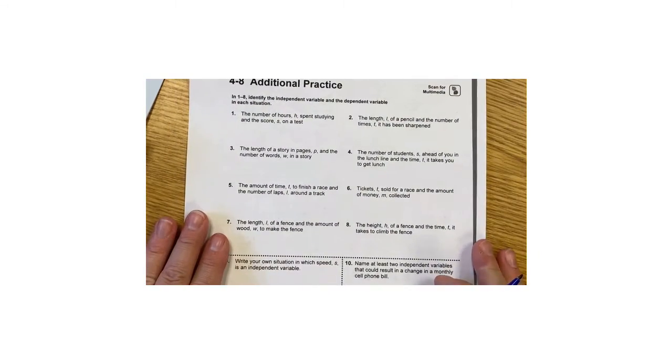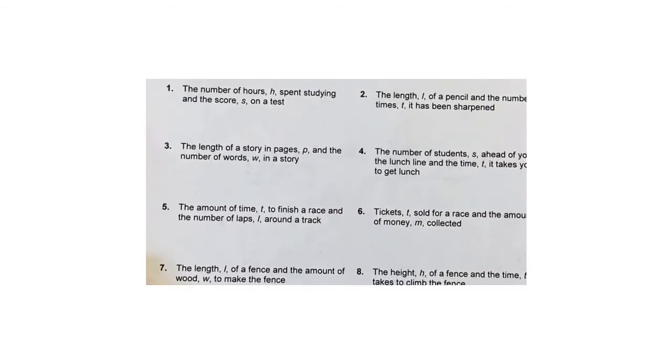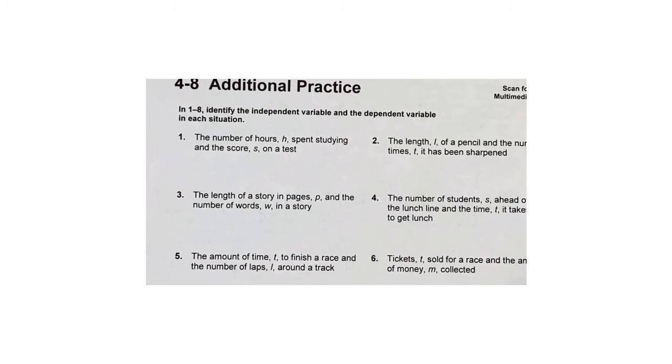So the number of hours spent studying and the score on the test. So what do you think would be the, what changes? What is going to change on that one?